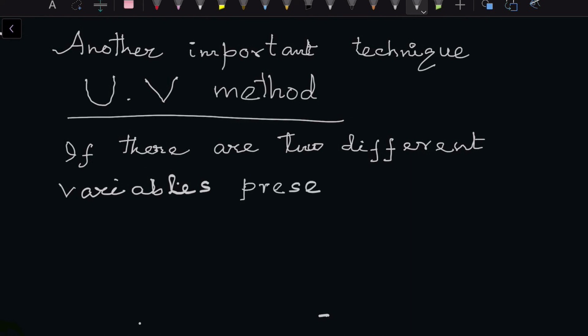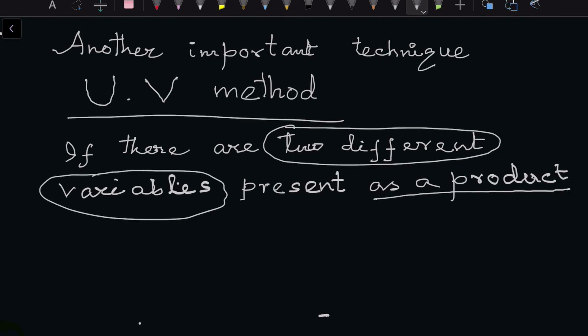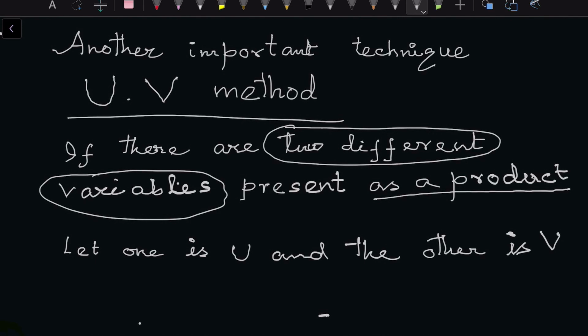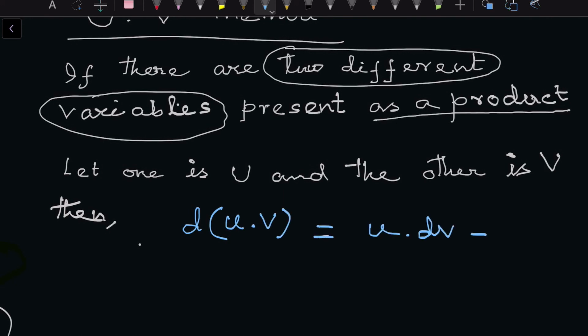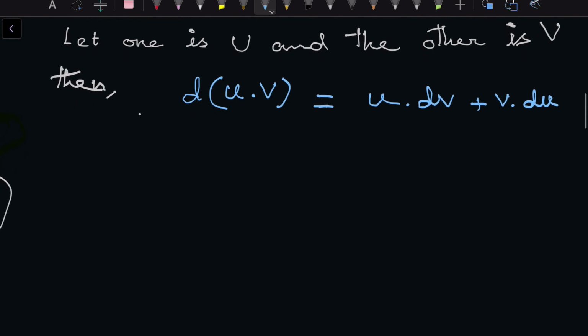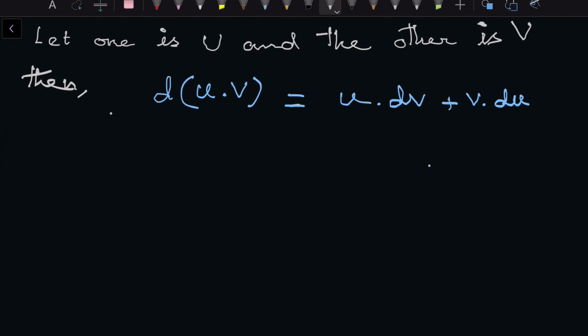If there are two different variables present as a product, different variables means, suppose one is an algebraic function, another is logarithmic. One is algebraic, another is trigonometric. We'll come to that with an example. Differentiation of u times v equals u dv plus v du. You can remember this formula, u dv plus v du.